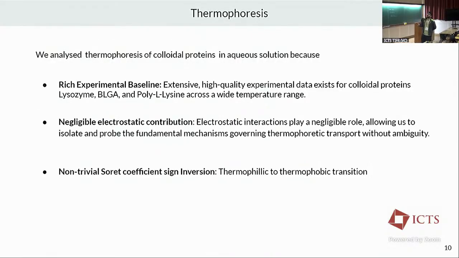So in this talk, I'm going to focus on colloidal proteins, which are put in water. And these proteins are lysozyme, which is found in your egg white, BLG, which is found in your milk, and poly-lysine. The reason for studying this is because a lot of experiments are available.